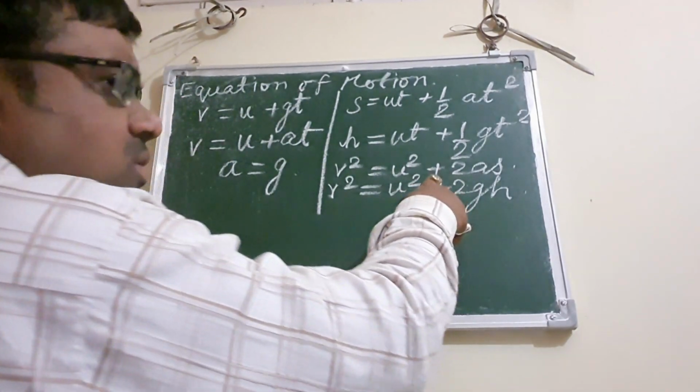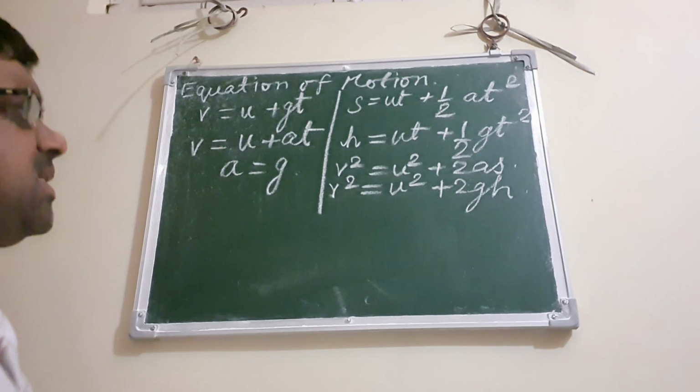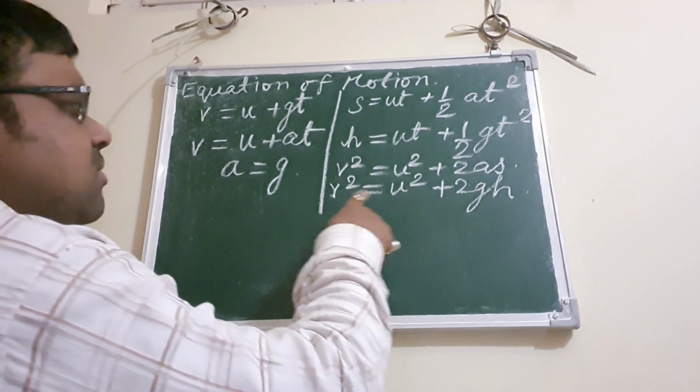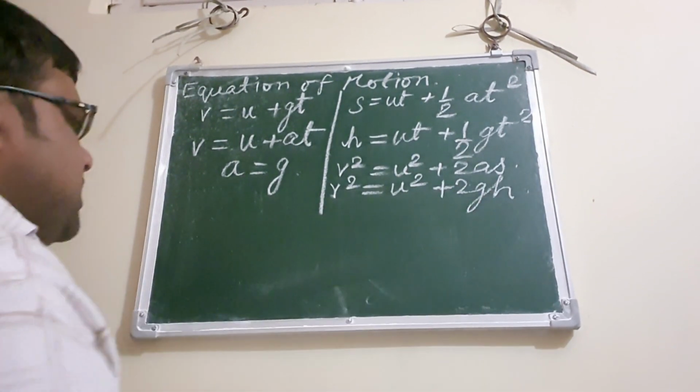V square equal to u square plus 2as will be changed to v square equal to u square plus 2gh.